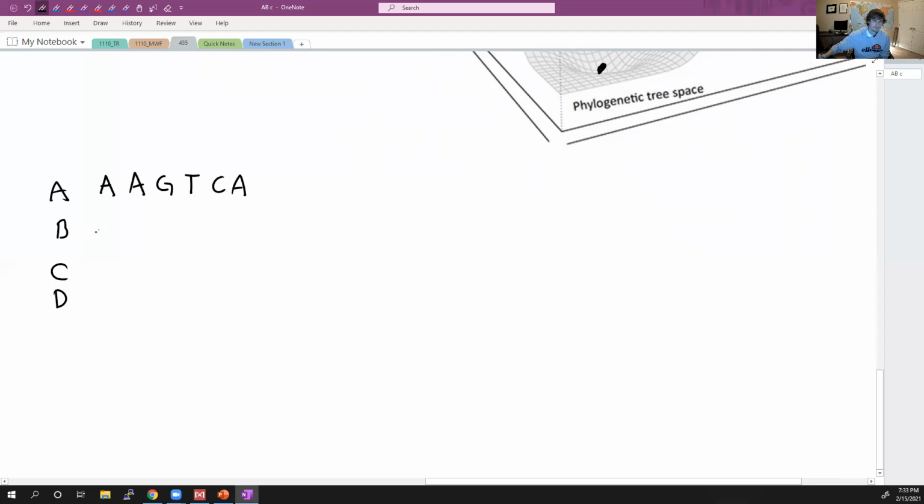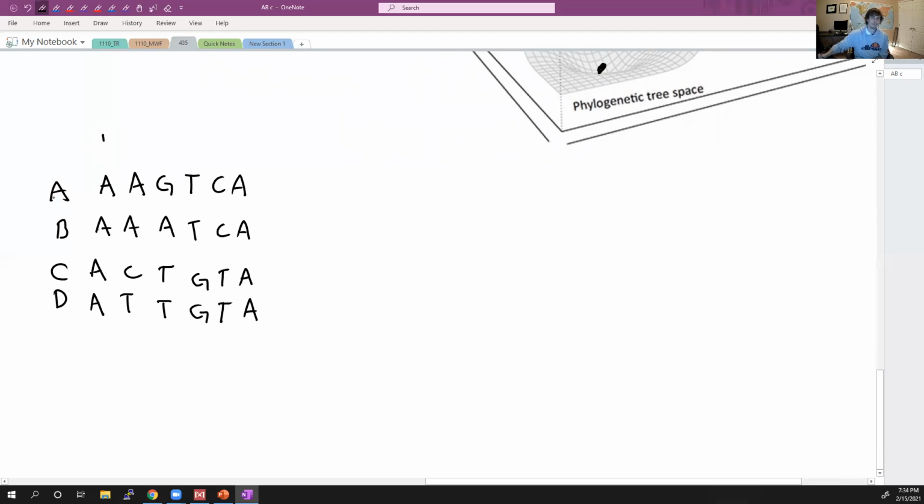And then B, and then C, and then D. And so we have columns in this matrix, right?